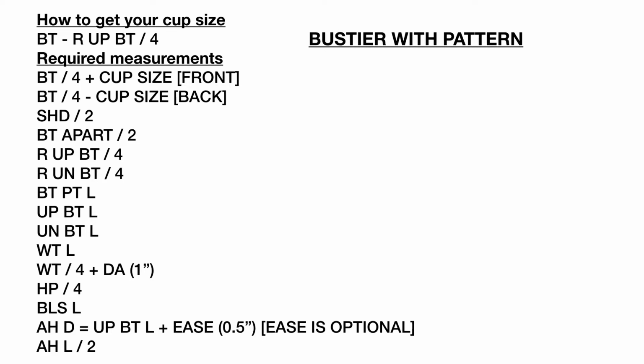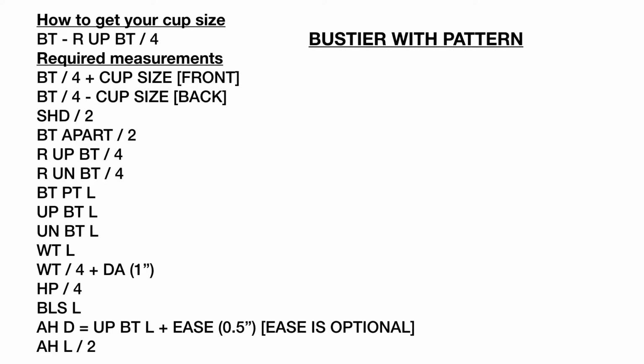So for the bust now, to get the front, we're going to be using the bust divided by 4 plus cup size. To get the bust at the back, we're going to use bust divided by 4 minus cup size.